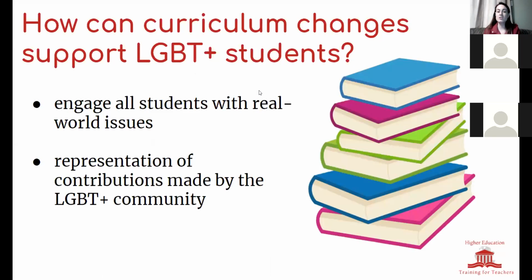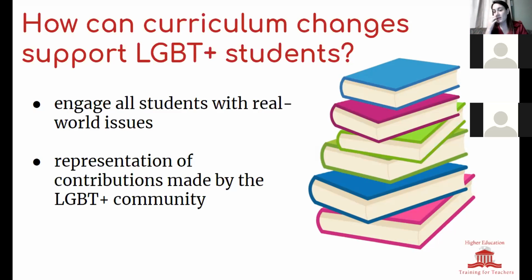Okay, so engage all students with real world issues. If you're an English teacher, maybe you could have them read an article about LGBT plus. Maybe it's a representation of contributions made by the LGBT plus community. There are many famous people who are LGBT plus, many, many.